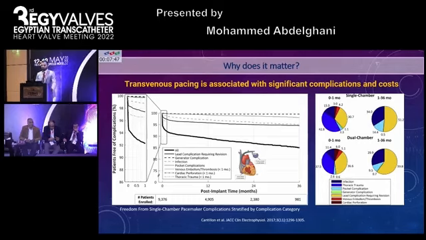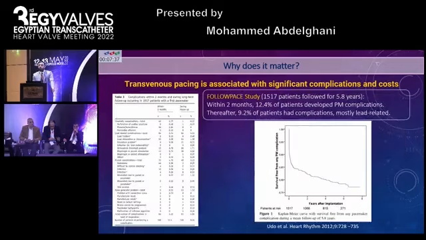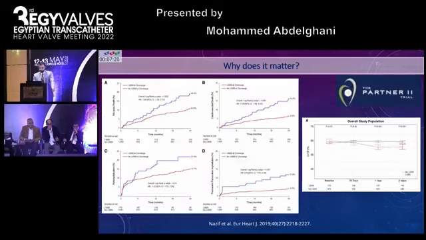Of course, they give important benefits, but they also beget some important downsides. All we need is more time. If we wait 10 years, we will see the impact on synchrony, on the tricuspid valve, on the right heart, on lead complications, including device-related endocarditis and so on.